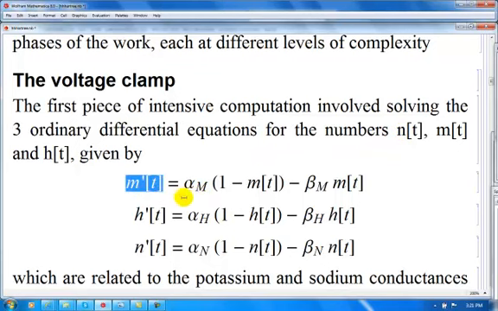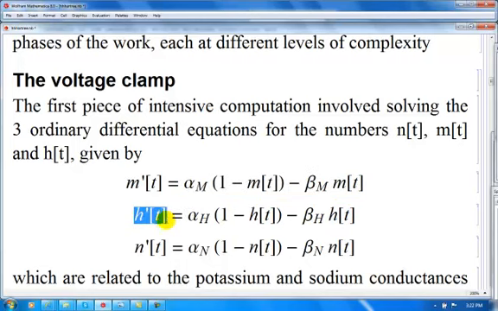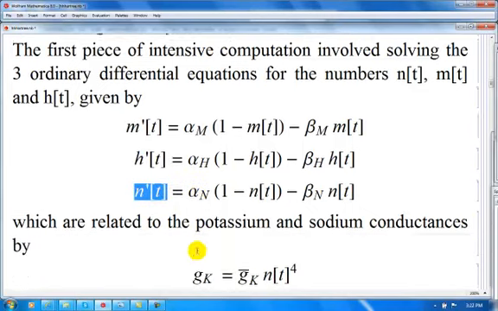So m prime of t is one of the parameters associated with sodium ions, and you can see that it satisfies this linear differential equation. And likewise, h prime of t is also for sodium ions, and n prime of t is for potassium ions.